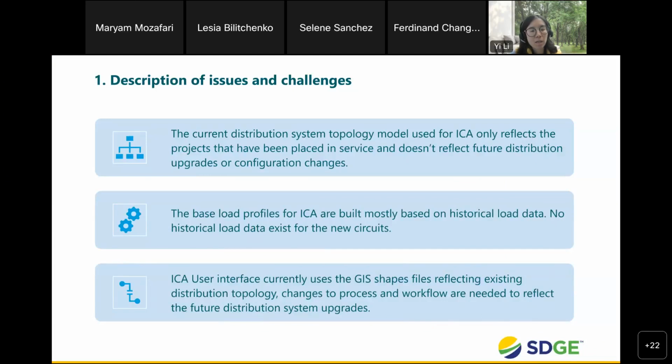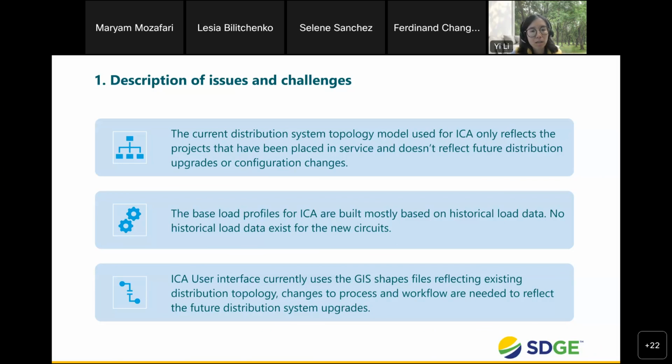Thanks, Harry. Starting with a description of issues and challenges, as I mentioned in February, in the Load ICA work plan and SDG&E's 2022 annual report, we already provided an overview of some of the issues and challenges associated with making the Load ICA refinements and the subsequent 5 modeling changes.